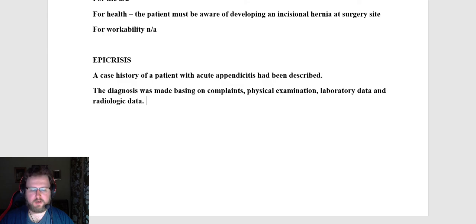Next, you can write down that the patient underwent a conventional appendectomy. His postoperative period was uneventful.